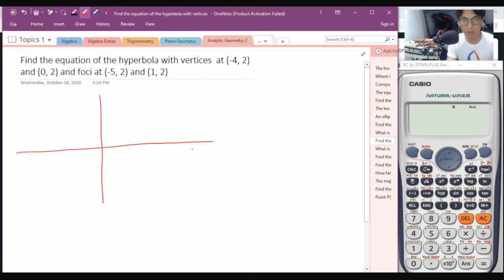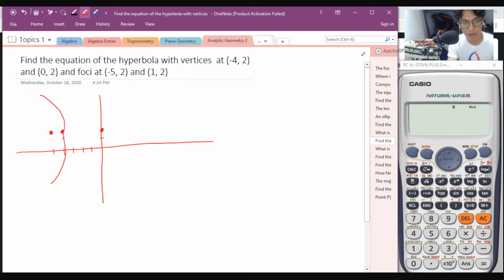Negative 4, 2, dito yung isang hyperbola. Tapos 0, 2. Yung focus nito, negative 5, 2. So, 1 unit lang. Ito yung hyperbola mo.